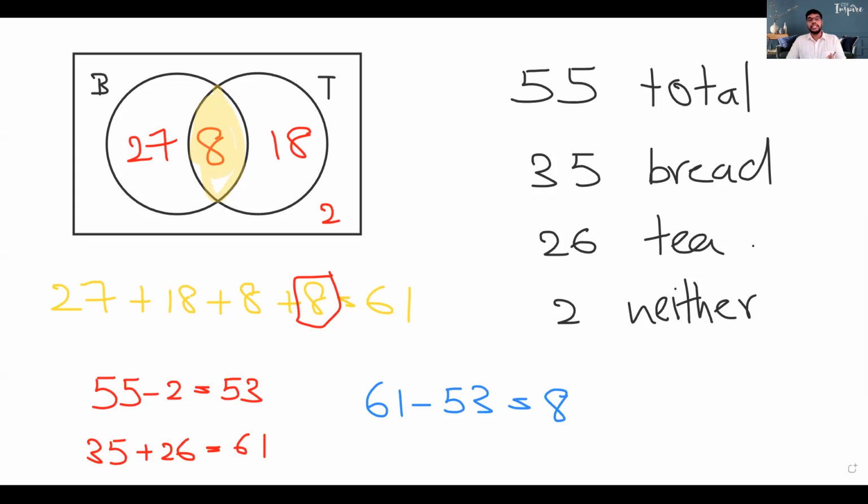Then children, out of the 26 who drank tea, 8 also ate bread. You can subtract the 8 and you get 18 who only drank tea. So you can add 27 and 8 and 18 and 2, and that totals 55. Right? So children, is it clear?